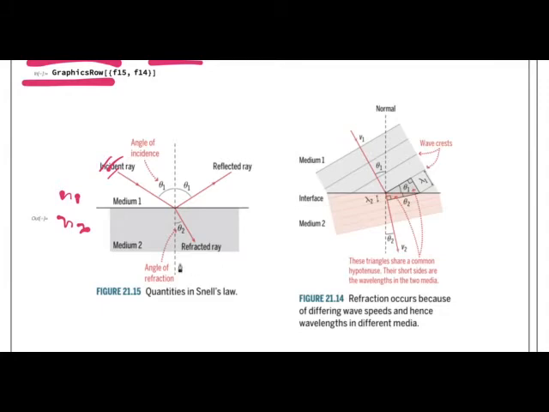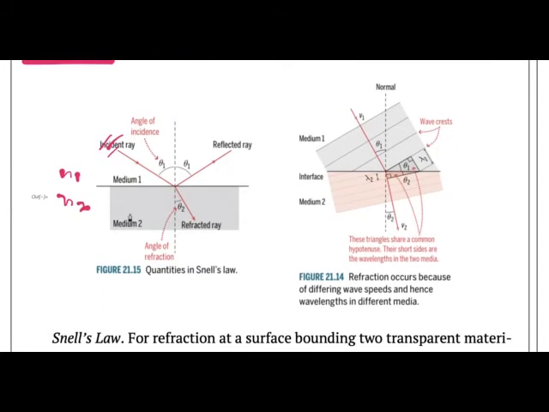All right, so here's a picture from the book. Quantities in Snell's law. What is Snell's law? Well, Snell's law describes the relation between theta 2 and theta 1. It tells you how much change in direction occurs when light passes through the surface of a dielectric material.